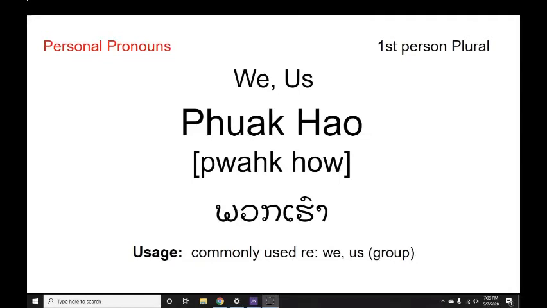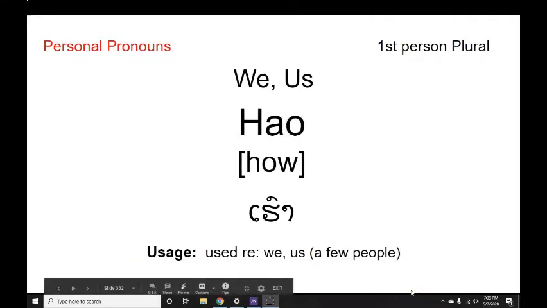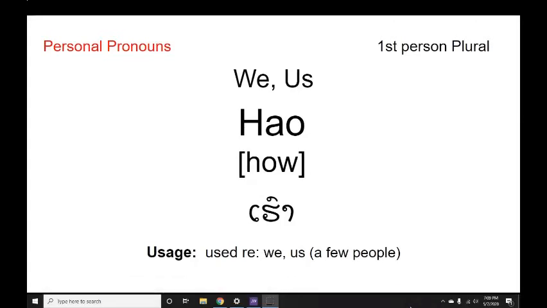Now this is a common way to refer to we or us as a group, but then there's another way to refer to we or us as a group, and you might see this also in the Bible. Sometimes you'll see puak hao, and then sometimes you'll just see how. Okay? Now, a few minutes ago we learned that how can be used as I or me in a very respectful way, and that is true.